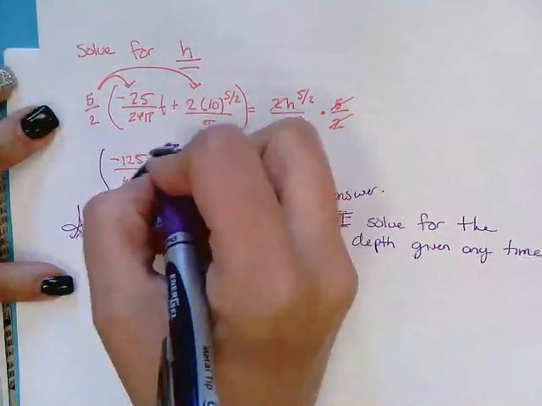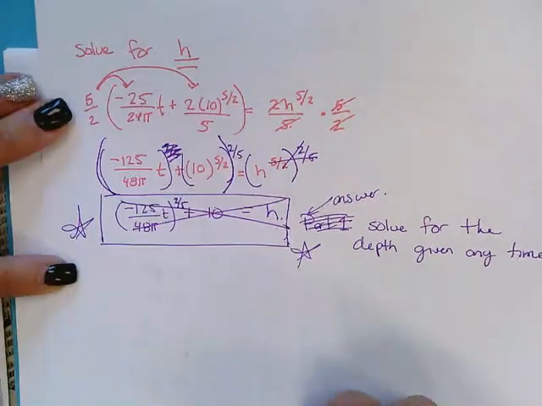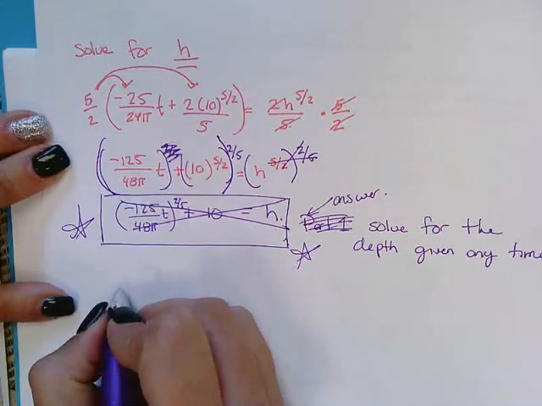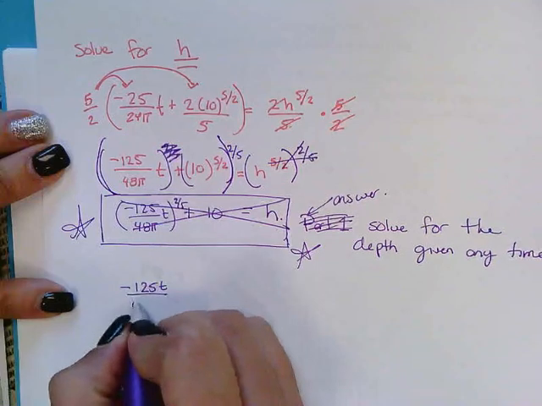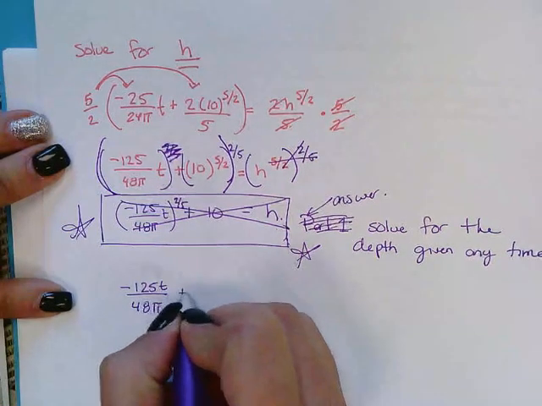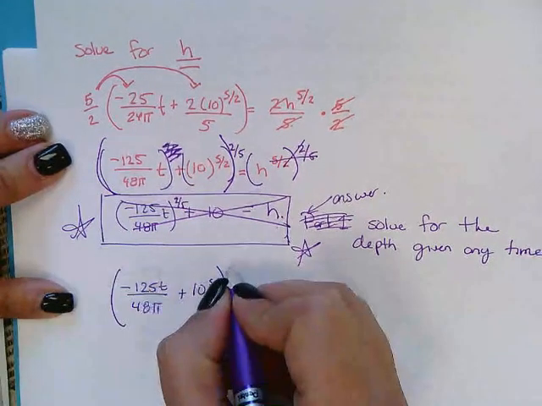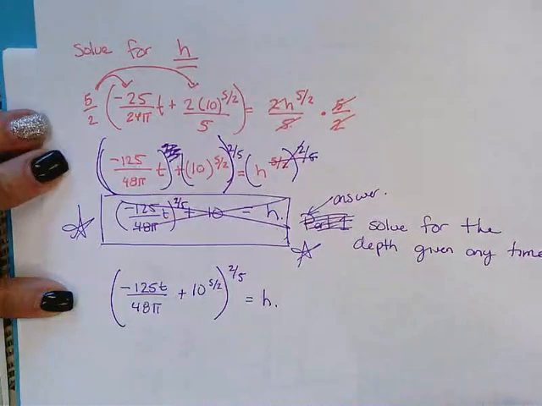You cannot take the 5/2 of each and every one. You have to take the 2/5, sorry, of the whole entire thing. So this actually is just negative 125t over 48 pi plus 10 to the 5/2, all of that raised to the 2/5 equals h.